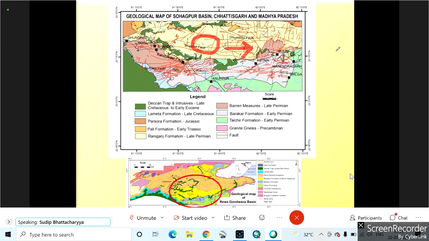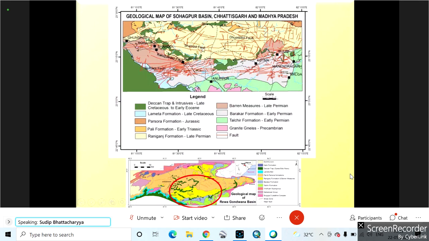Why? Because we are going away from this large Bamni Chilpa fault, which is a part of the South Narmada zone fault. Can you get it? Yes, sir, I have understood. Sir, for this reason only we are getting that abnormal geothermal gradient. Exactly. This is the only reason.